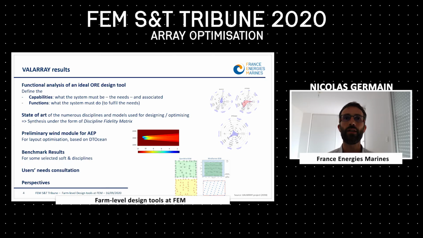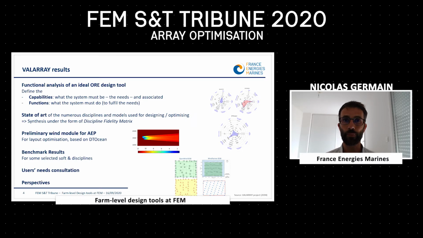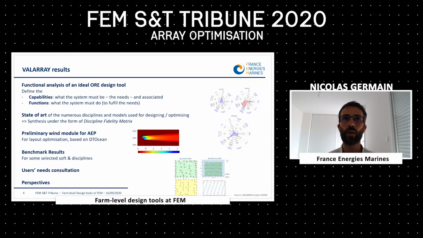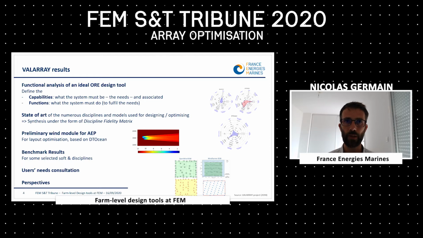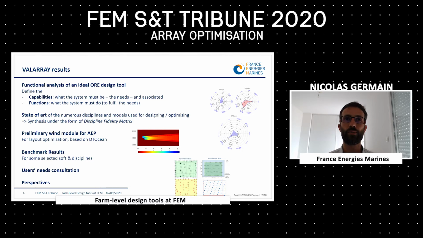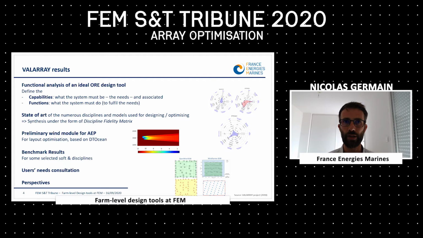Each graph represents one optimization, one designing tool, and each branch of the radar is one discipline. And the farther you are from the center, the more refined, the higher fidelity level you have for this discipline. Meaning, for each branch, there are several models that are defined along this branch for one discipline.